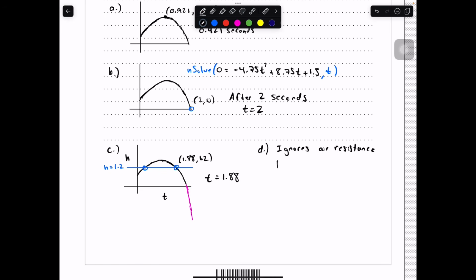So it does not consider, let's say, the ball bouncing or hitting the ground.